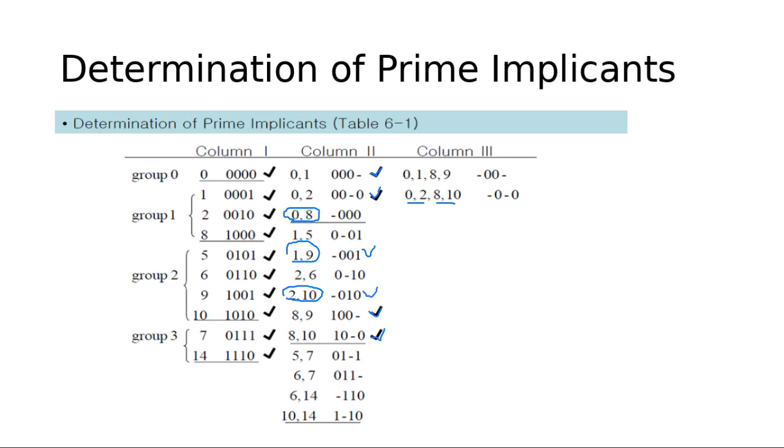Okay, let's write it: 0 8 1 9. When you say that, there is a dash, there is a 0, there is a 0, there is a dash. When you write the other one, 2 10, there is a dash 0 dash 0. Okay.